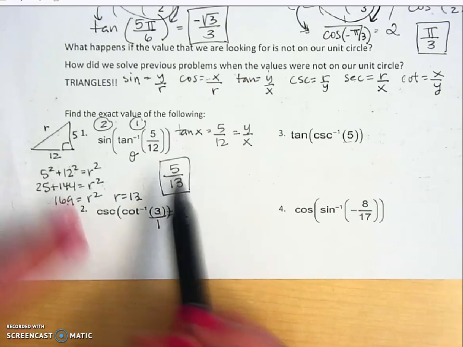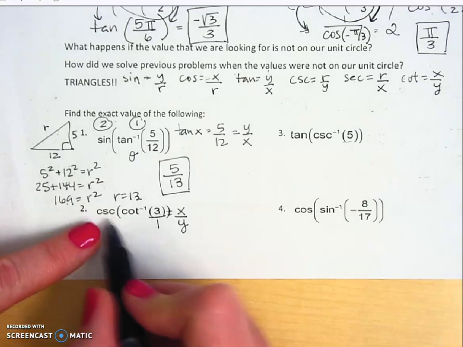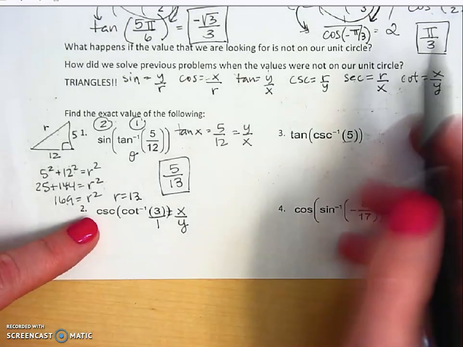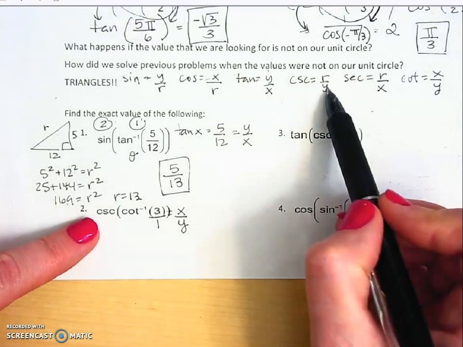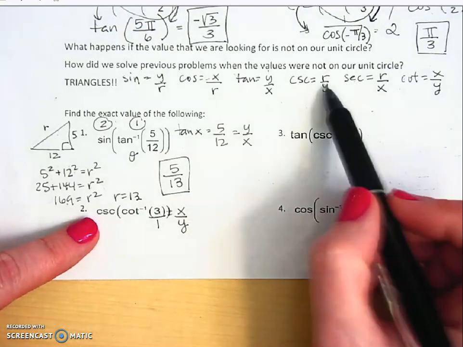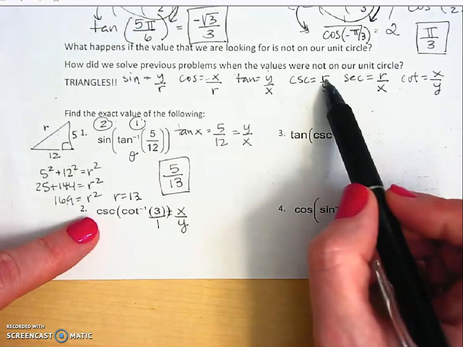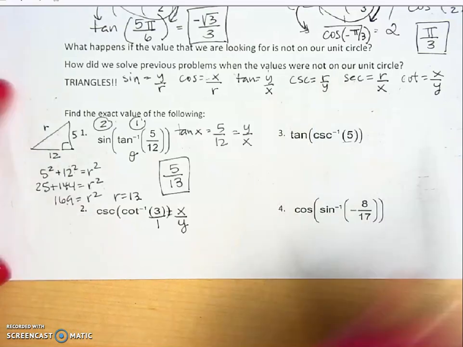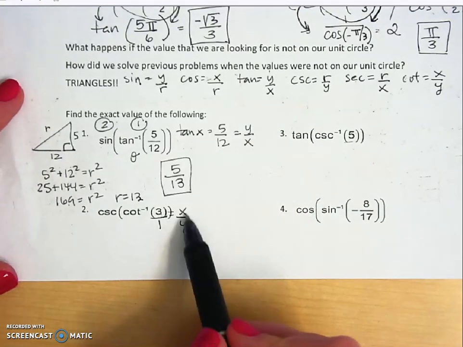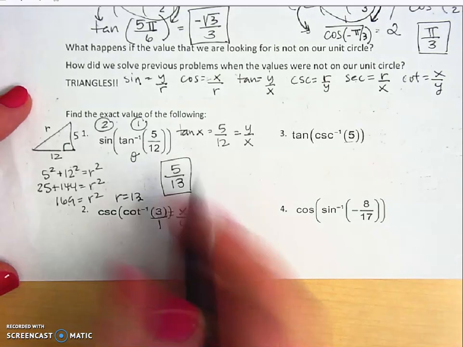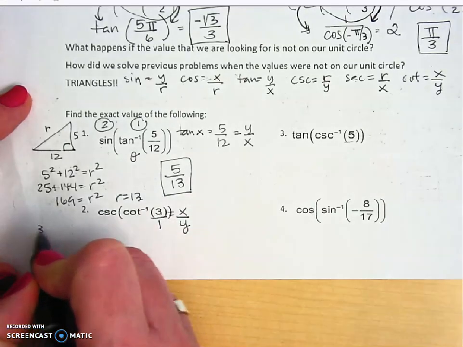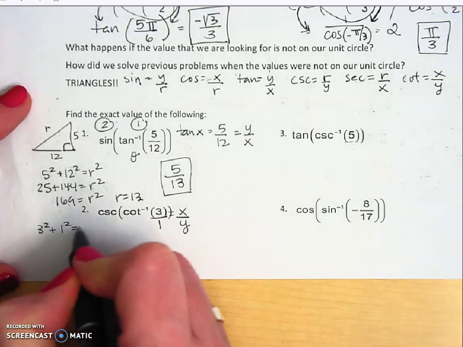And now that I have that, whatever angle this is, I'm going to take the cosecant of it. So cosecant is r over y. Well, I have x and y, so I need to use Pythagorean theorem to solve for r. So I just do this again. X squared plus y squared equals r squared. So that will be 3 squared plus 1 squared equals r squared.